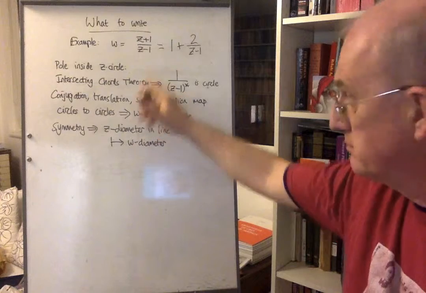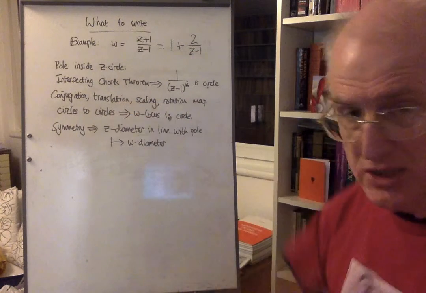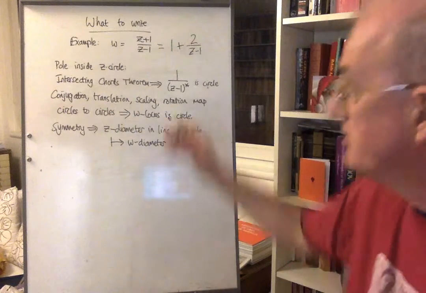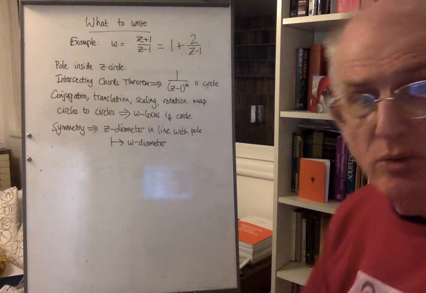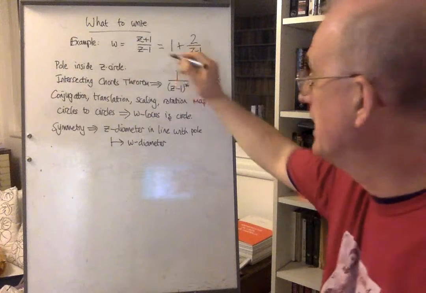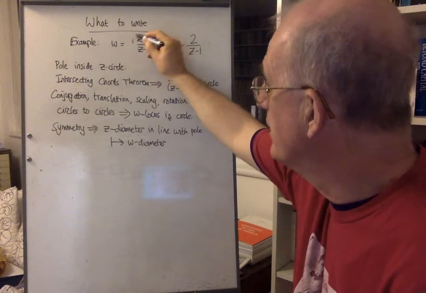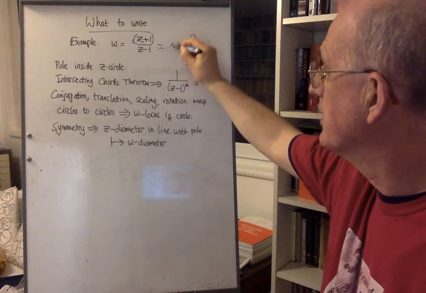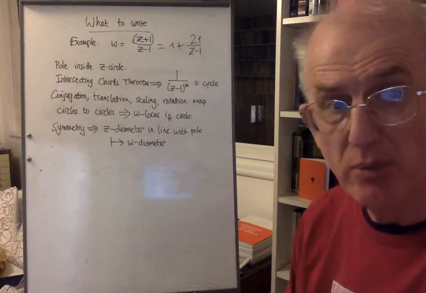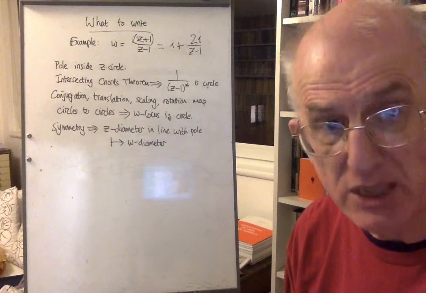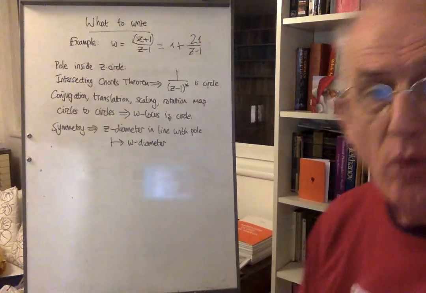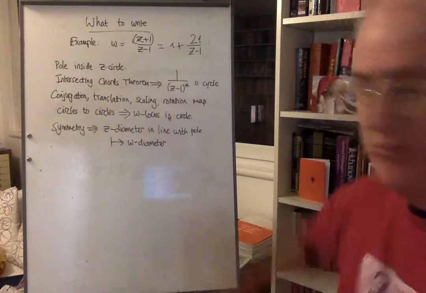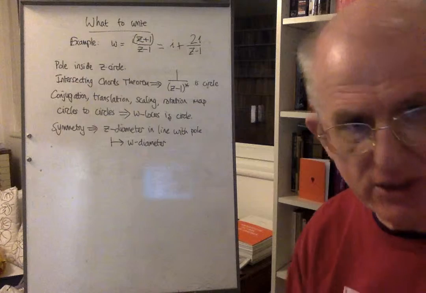But conjugation, scaling, doubling it, translation, moving it across, and for that matter, rotation, which we don't have here, but we would have if, for example, our transformation was that, then we would have a rotation. All those, conjugation, translation, scaling, rotation, all map circles to circles.